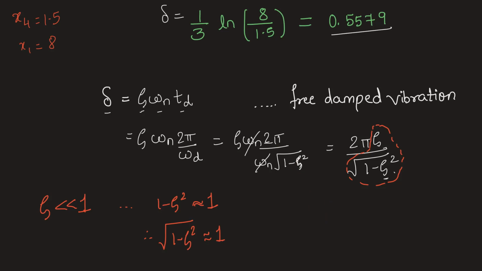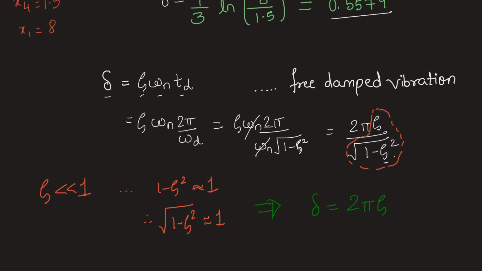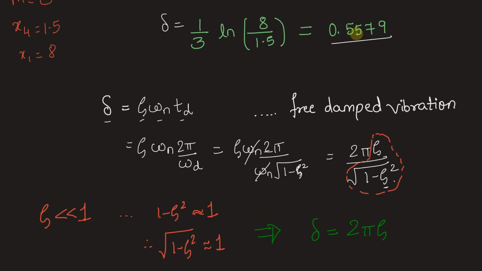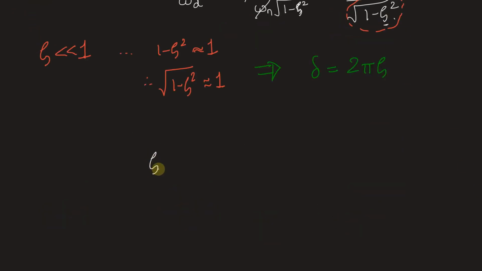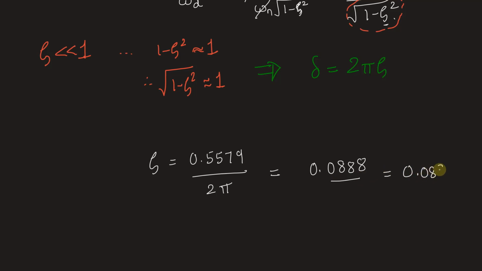And therefore, delta, that is logarithmic decrement, is 2 pi zeta. Putting the value of delta from here, zeta is 0.5579 divided by 2 pi, which is calculated to be 0.0888. We want the answer rounded off to 3 decimal places, so the answer is 0.089.